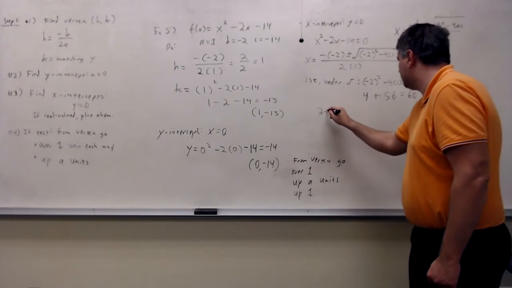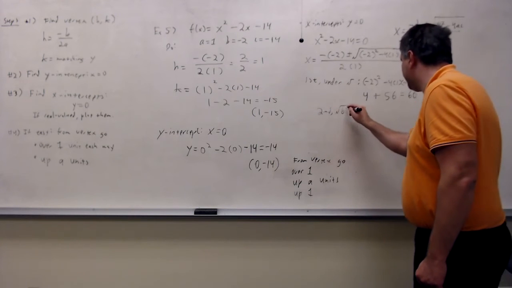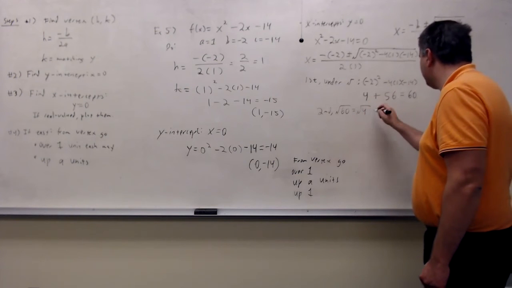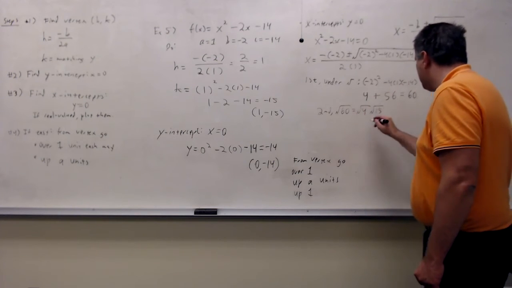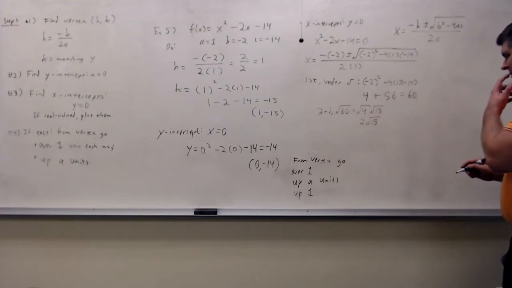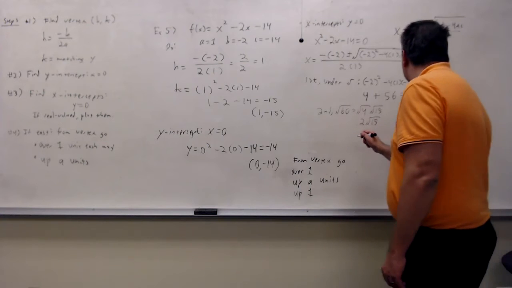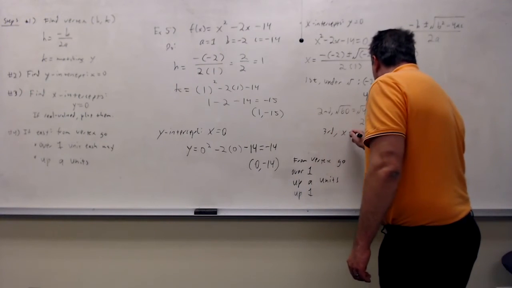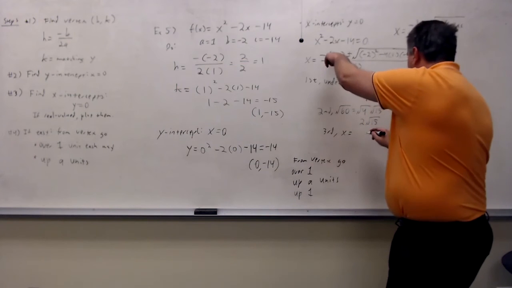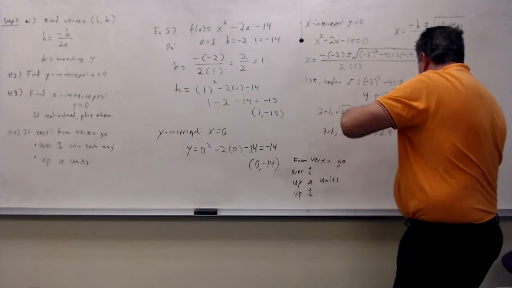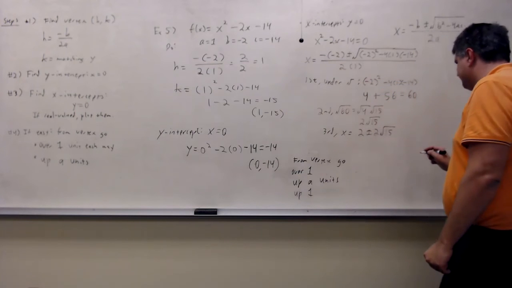Second, the square root of 60 is divisible by the perfect square 4. The division result would be 15. So that's 2 square root of 15. Third, x equals positive 2 plus or minus 2 square root of 15 over 2.